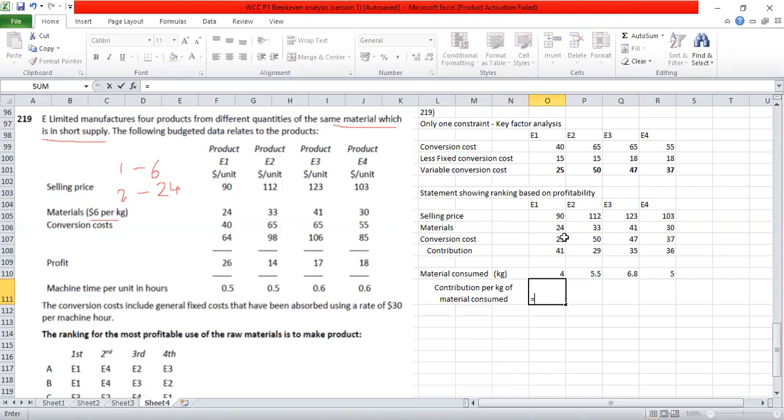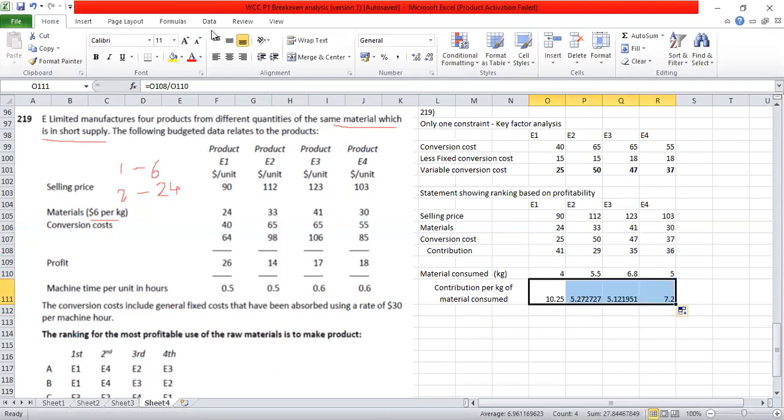This will be the contribution of 41, but this will be by consuming 4 kg. So for every single kg, how much contribution? Now rank them based on the profitability.